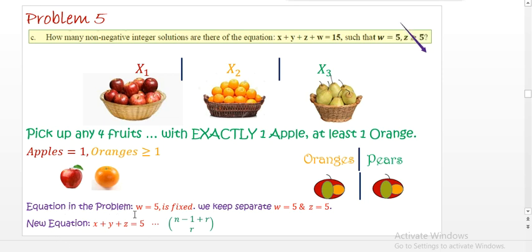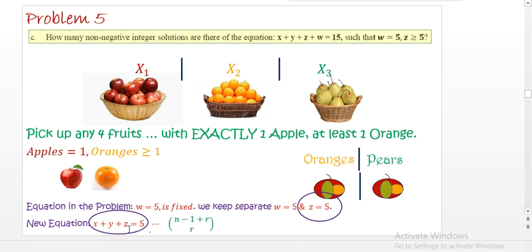Okay, so let's see. In the problem, w = 5 is fixed, so we keep it separate, and z is greater than or equal to 5, so we keep z = 5 separate, and on top of this we can choose anything. So the new equation becomes x + y + z = 15 minus 5 minus 5, the 5 of w and the 5 of z.